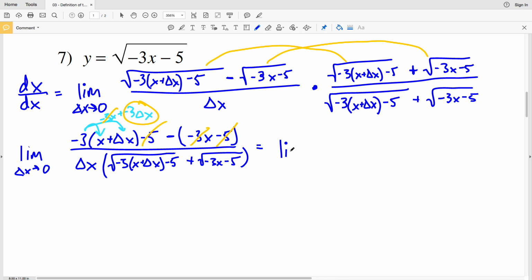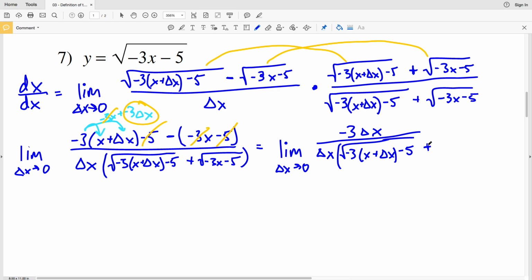So I'll have the limit as delta x approaches 0 of negative 3 times delta x, and that's all over delta x times the conjugate, the square root of negative 3 times x plus delta x minus 5 plus the square root of negative 3x minus 5.